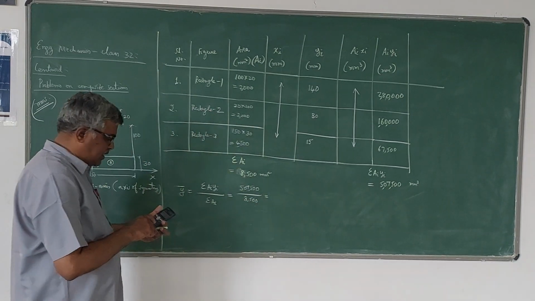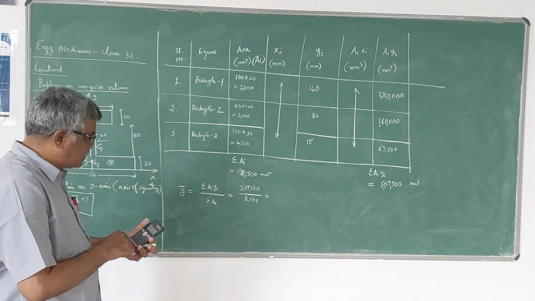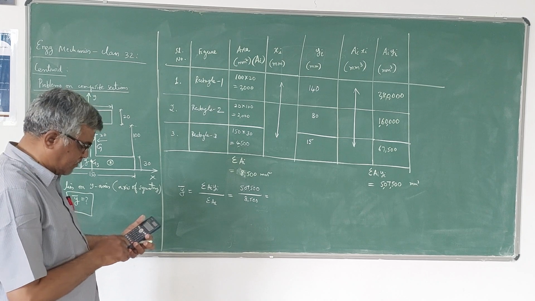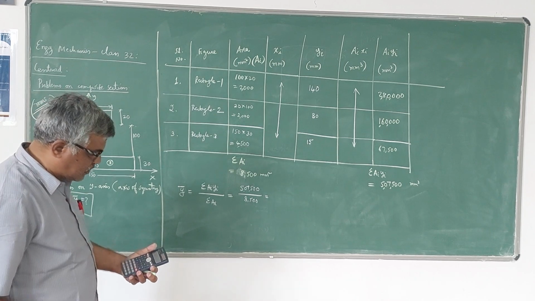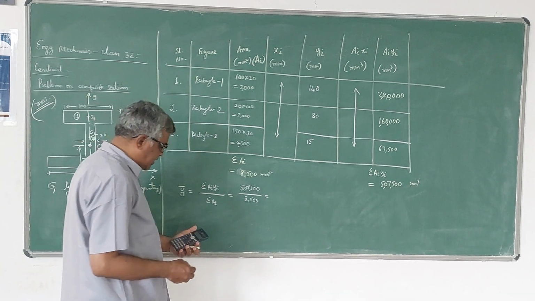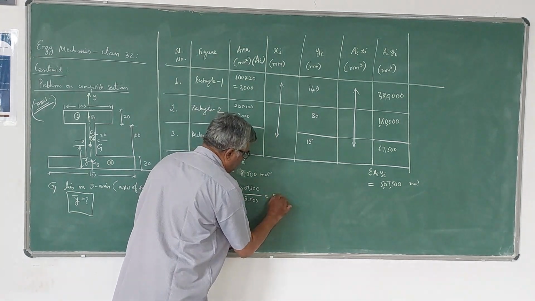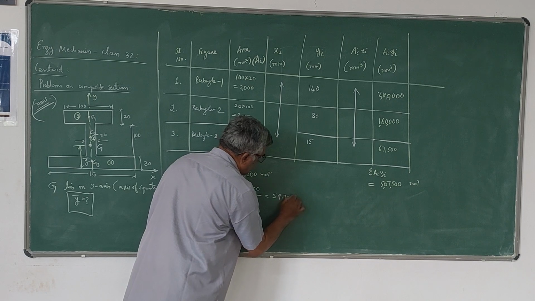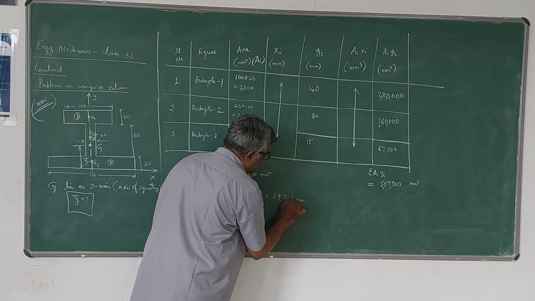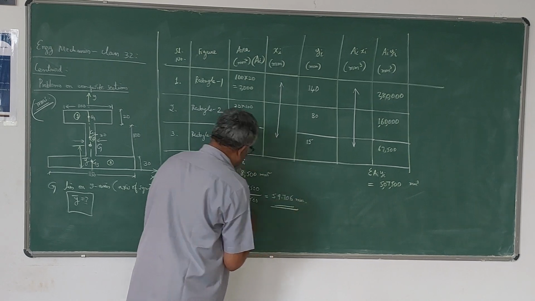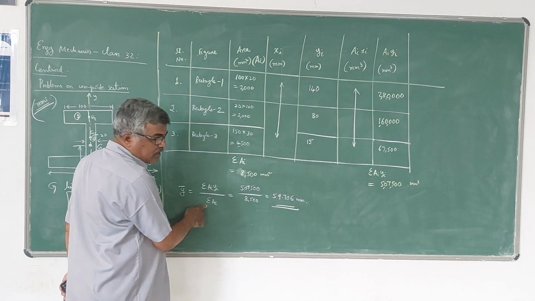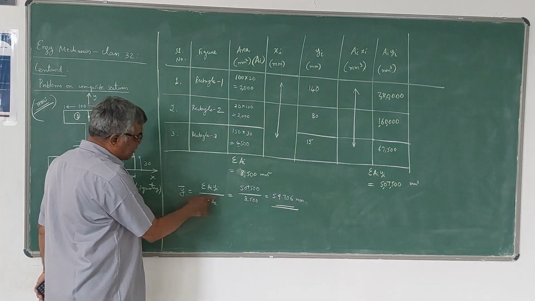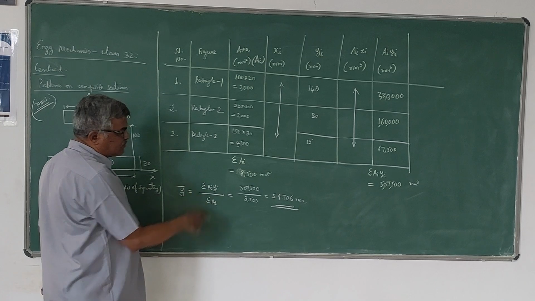So you will be getting the answer as 5075 divided by 85, which is 59.71706 millimeter. The value is in millimeter because this is in millimeter cube and this is in millimeter square; area is in millimeter square, moment of the area is in millimeter cube.